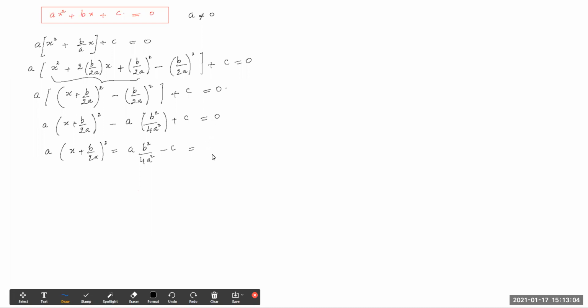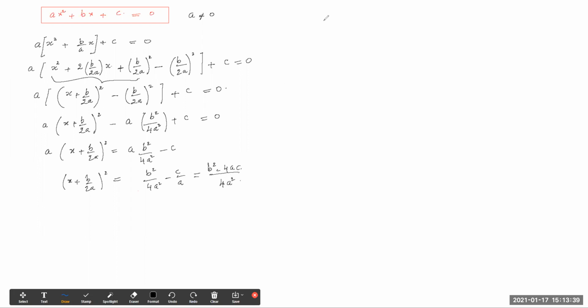We will simplify by a, so we will have x plus b over 2a square equal b square over 4a square minus c over a, which reducing to the same denominator gives b square minus 4ac over 4a square.